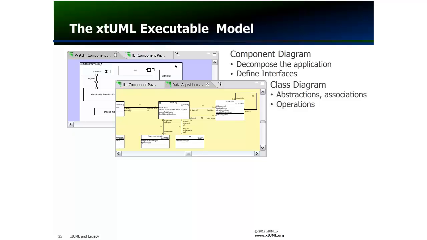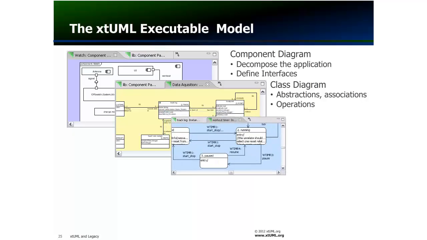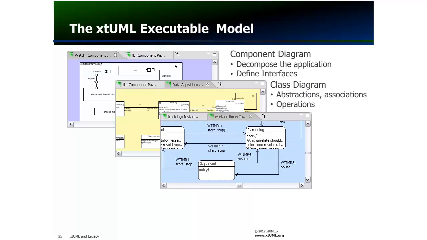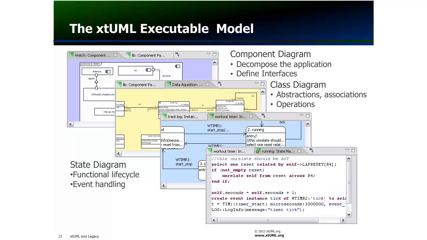To describe the activities within a component, 3 layers of detail are involved. At the outer layer are class diagrams, which show data members of each class, operations to be performed on the data members, and associations between the classes. Next, inside each class, functional or data processing details are expressed in state machine diagrams and functions.